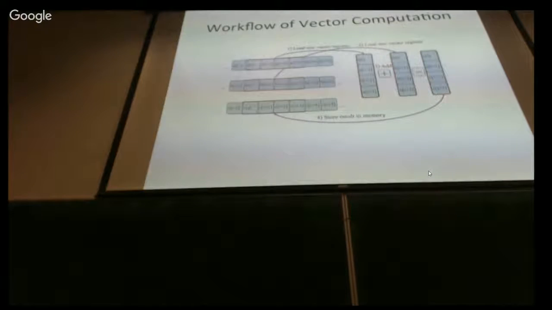Then you operate on the vector registers, which are 512-bit wide. They're limited in number as well, and then you store the result back to memory. So it's really not that different to serial code in some sense.